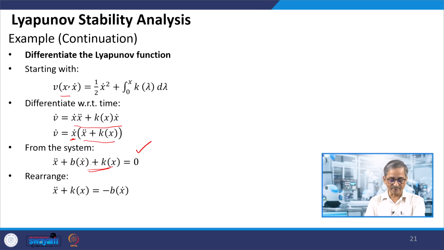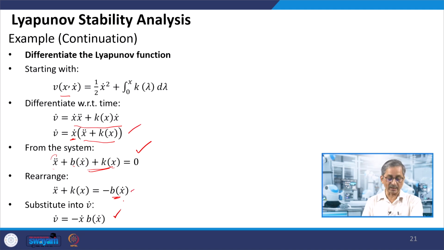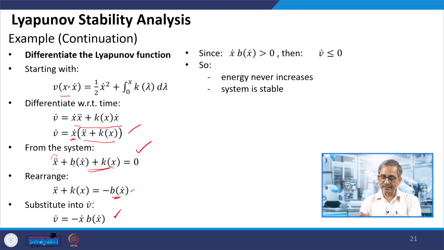So, if I rearrange the terms, this is what I get, that is x double dot plus kx is going to be minus b x dot, and if I substitute this over here, this is what I am going to get. So, since x dot b is greater than 0, your v dot is going to be less than 0. So, this again is the same thing, that is energy never increases and your system is stable.